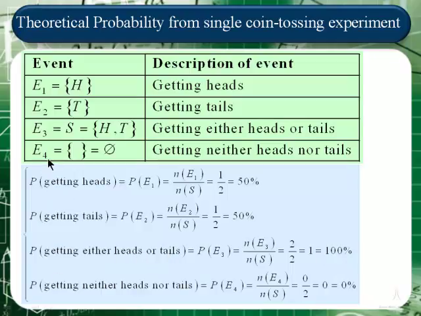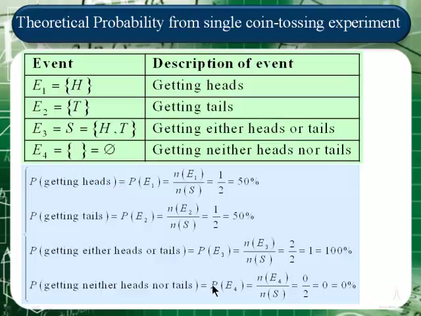And then the probability of the event in which there is no outcome, so that means the probability of getting neither heads nor tails. Remember, we've described this earlier, it is possible that this can happen. In other words, we will say that such a trial is a failure.